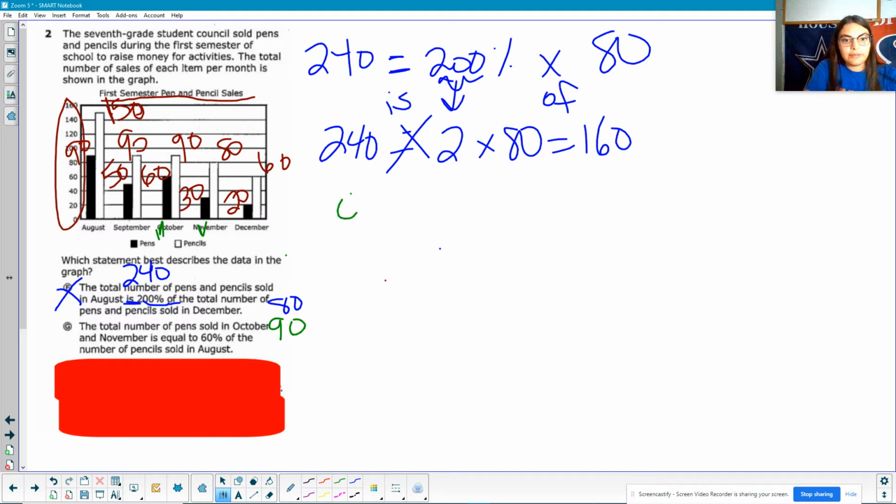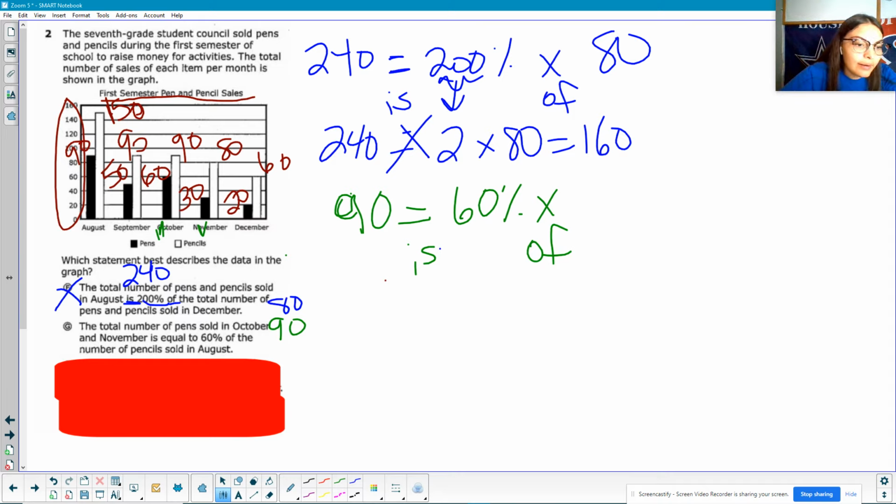So we want to know if 90 is equal to 60% of the number of pencils sold in August, where "is" means equal and "of" means to multiply. So pencils in August is 150. We're going to change 60% into a decimal, which is 0.6.